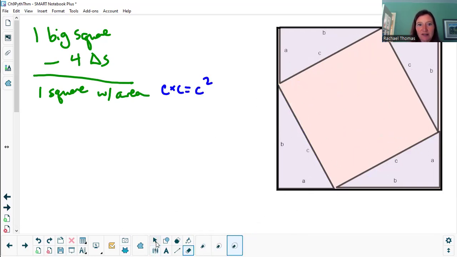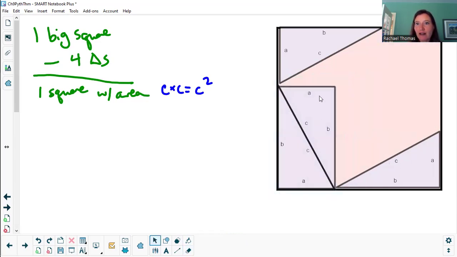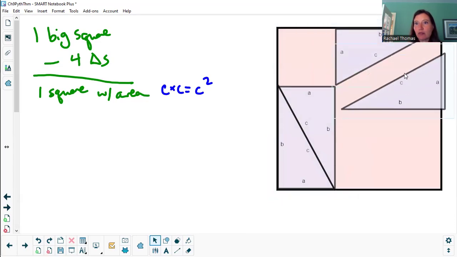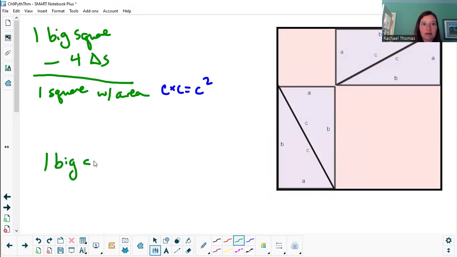Now, I'm going to rearrange these triangles a little bit. I'm going to bring that guy down there, this one over here, this guy, bam. And now you'll notice that if I have one big square, again, and I take away the four triangles, what am I left with now?